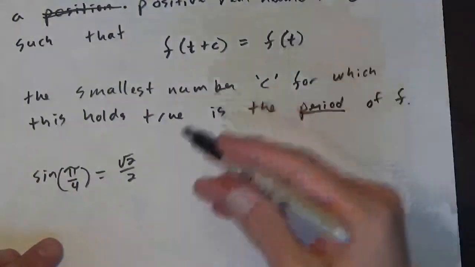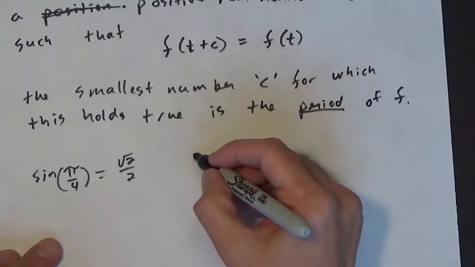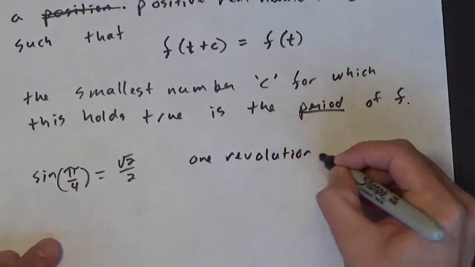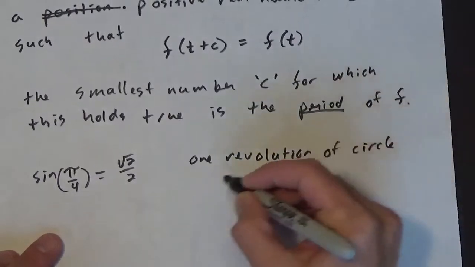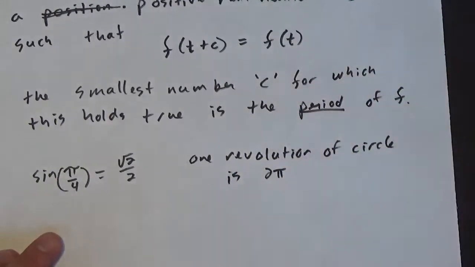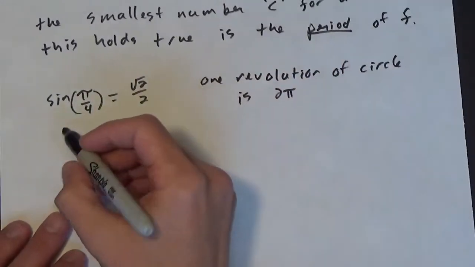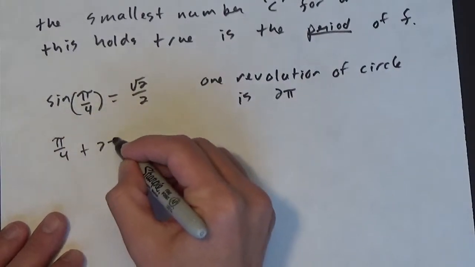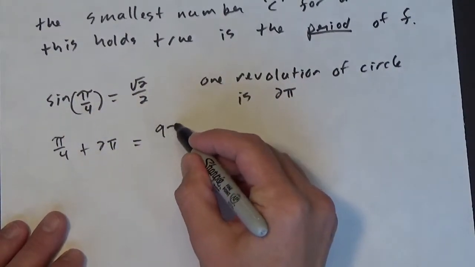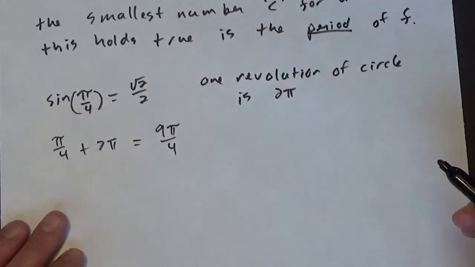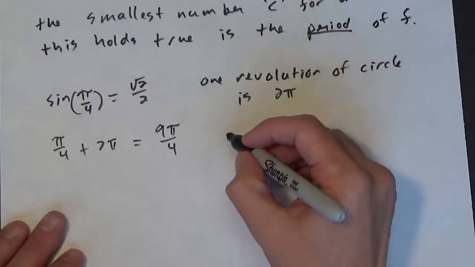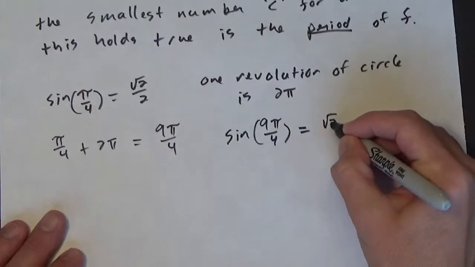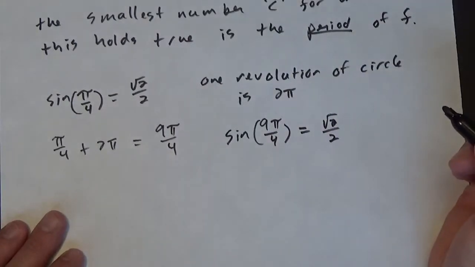So one full revolution of the circle is 2 pi radians. If I were to take the pi over 4 and add 2 pi, which we already did, that was 9 pi over 4, then we can say that the sine of 9 pi over 4 equals the square root of 2 over 2.